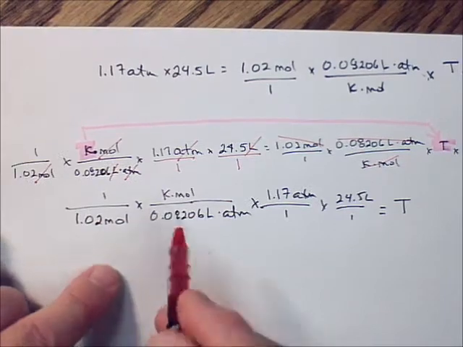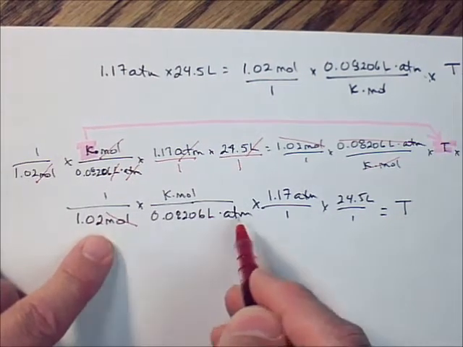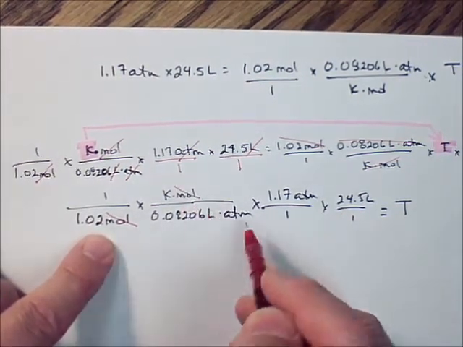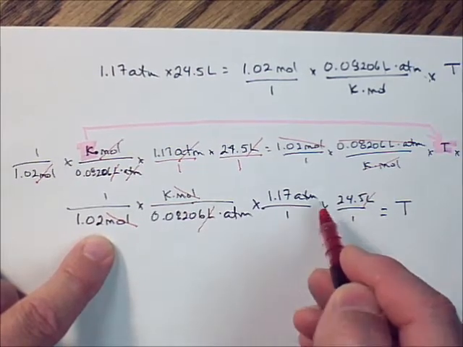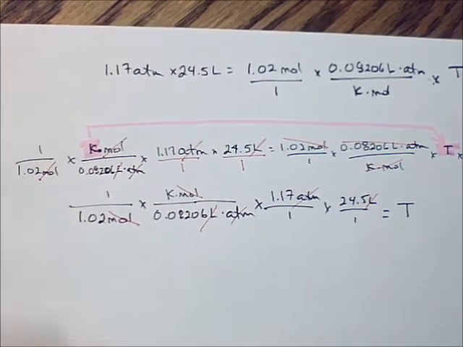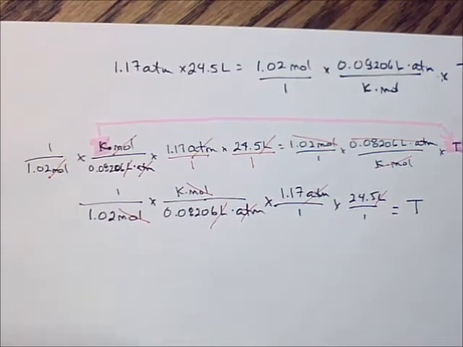We canceled everything but Kelvin, didn't we? All the units anyway. Moles canceled, liters canceled, atmospheres canceled, and we've got Kelvin left. All right, so now we're ready to plug all this into the calculator.